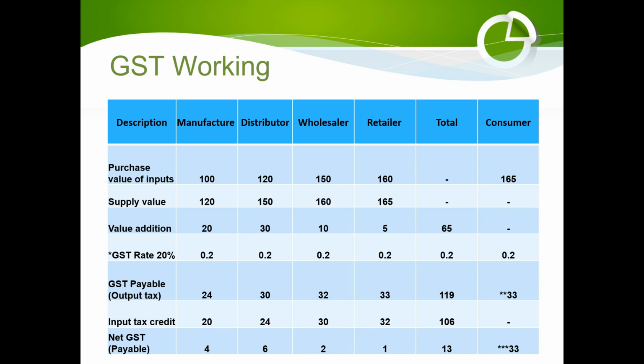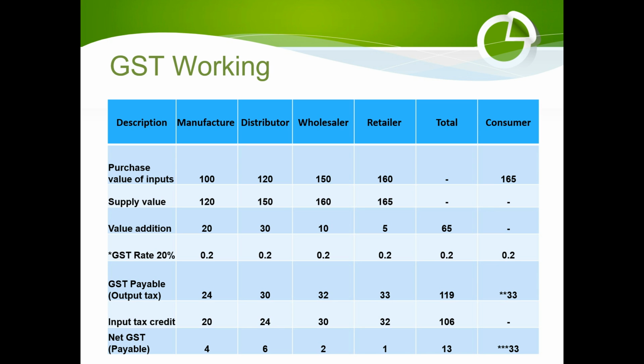Input tax credit is available again from the input of the distributor. The selling price of the manufacturer becomes the input for the distributor, that is rupees 120 multiplied by the GST rate of 20%, which comes to 24.